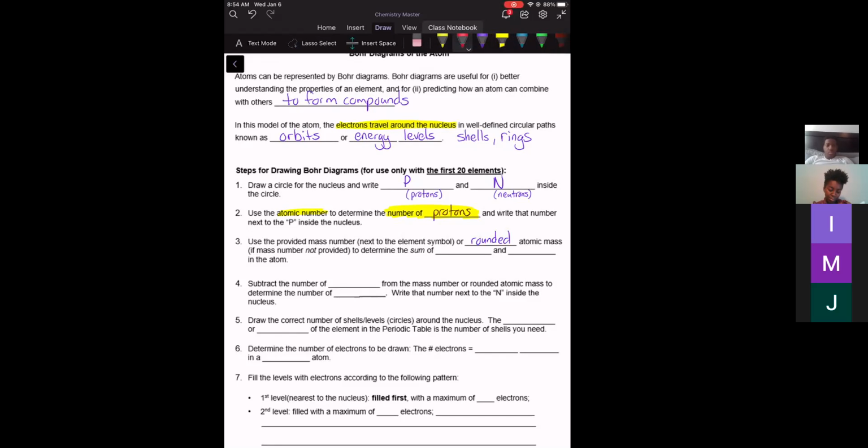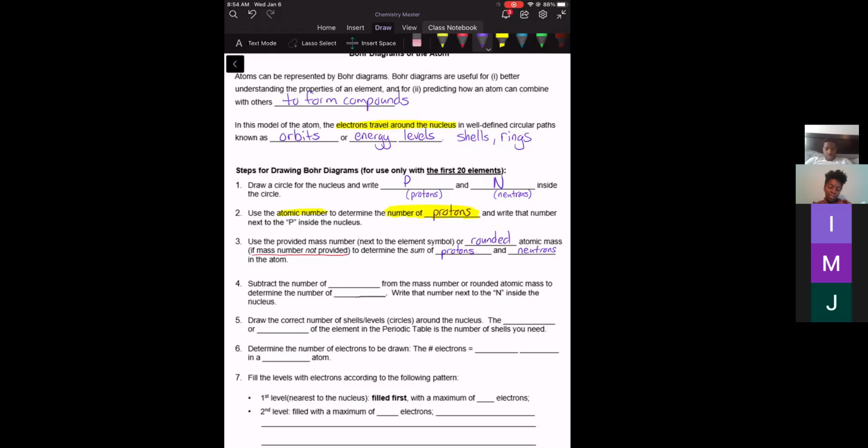So that's important. That's if the mass number is not provided. If I give you a mass number, you have to use it. But if I don't, then you have to use the rounded atomic mass. And I'm going to go back and explain this in just a second.